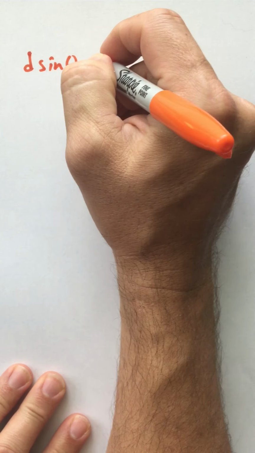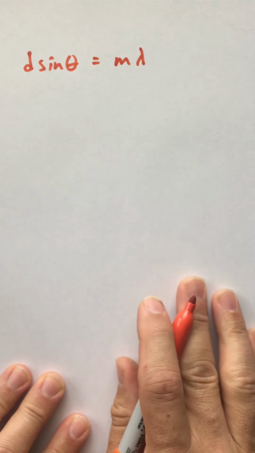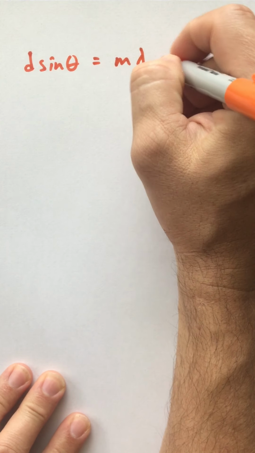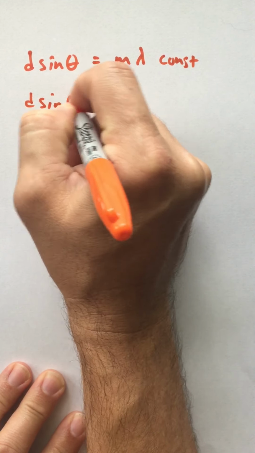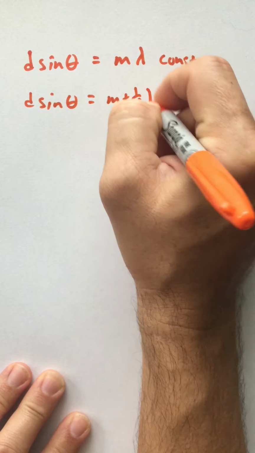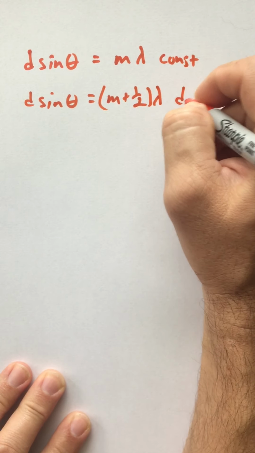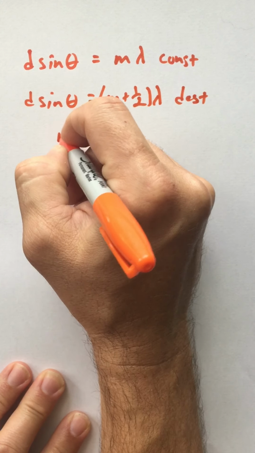If that path length difference is an integer multiple of the wavelength, we get constructive interference. If it is a half integer multiple of the wavelength, we get destructive interference. In both of these, m is called the order.